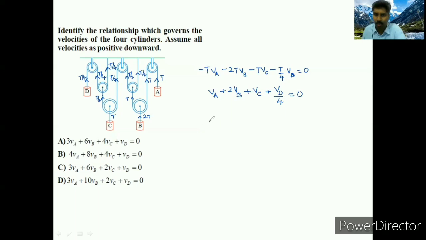Take the LCM 4. What can we get? 4vA plus 8vB plus 4vC plus vD is equal to 0. This is the answer. So which option is the correct one here? B is the correct option. So we'll see the next problem.